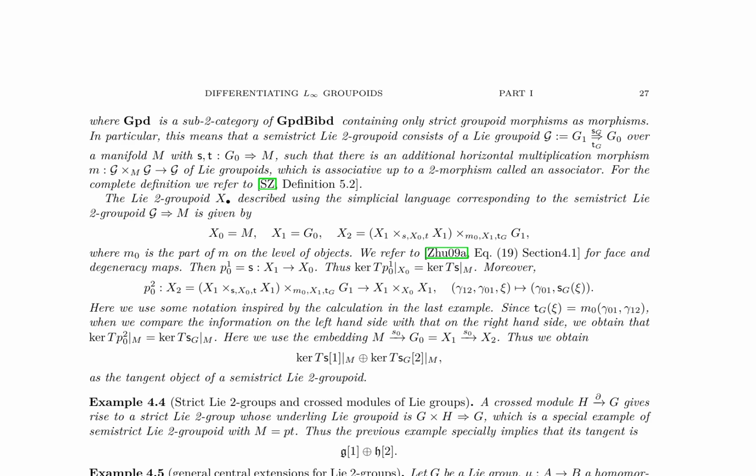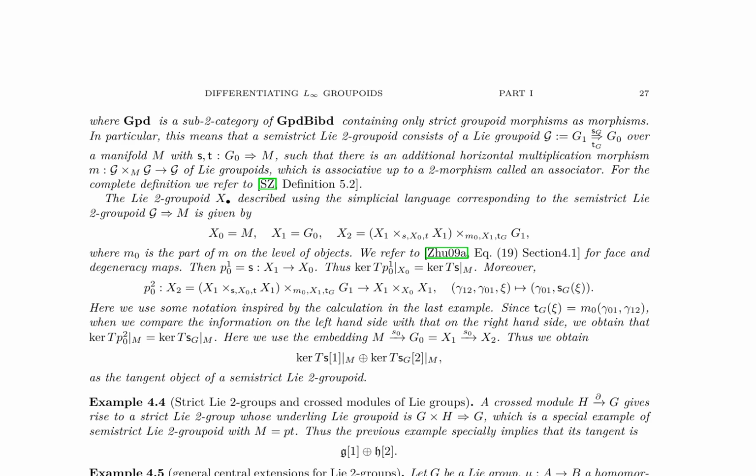The face maps of the simplicial object X are defined, and it is shown that ker TP10, M equals ker TS, M and ker TP20, M equals ker TSG, M. This leads to the tangent object of a Se-mystric Lie2 groupoid, which is ker TS 1, M circled plus ker TSG, 2, M. Two examples are provided to illustrate the concept of Se-mystric Lie2 groupoids.